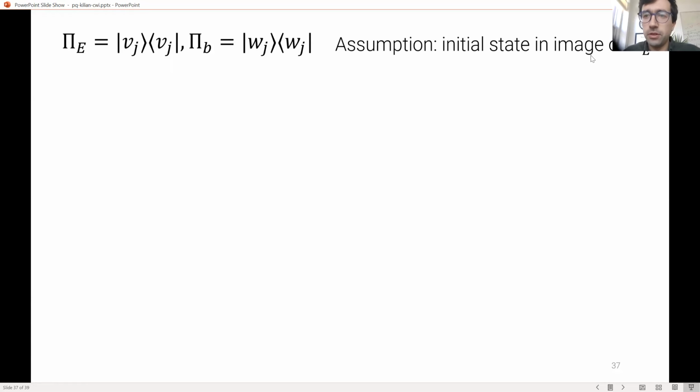And let's assume that the initial state is in the image of pi sub e. This is something that you can approximately guarantee, and I won't go into how, but you can do it.